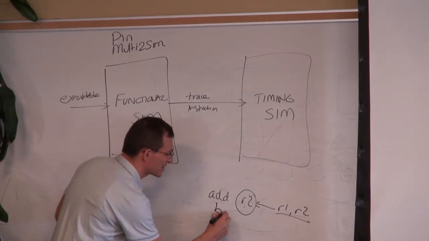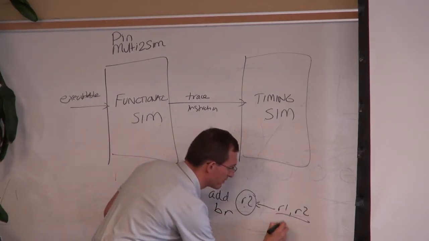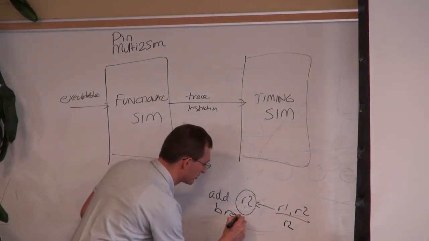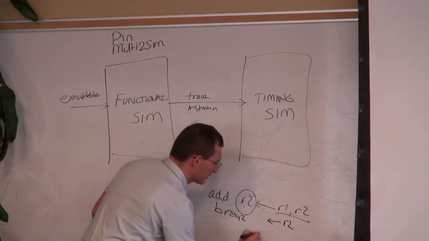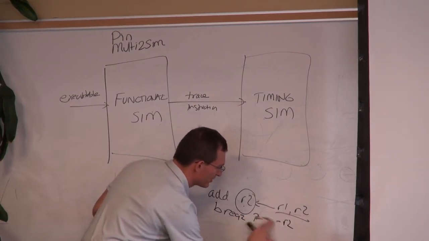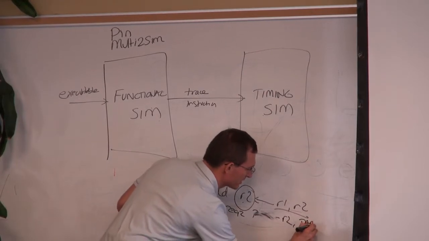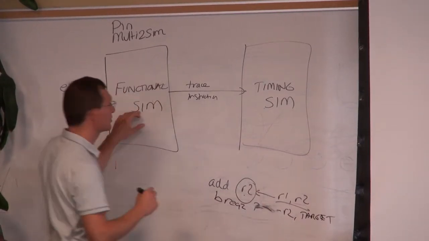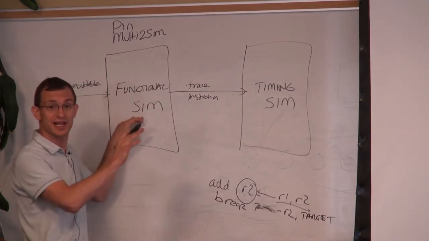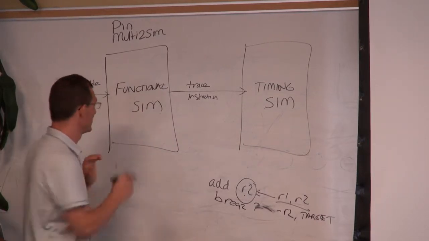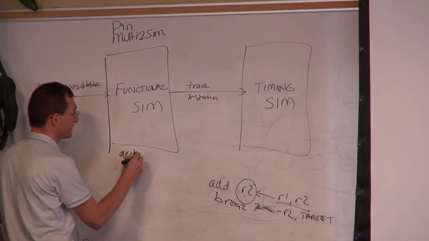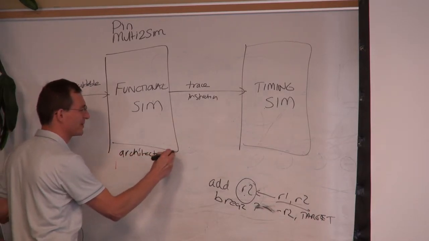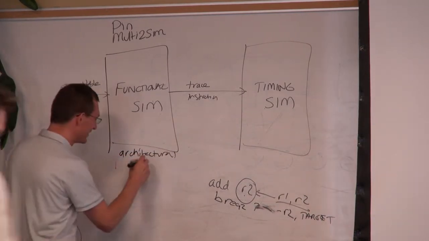You can do a branch based on, maybe R2 equal to 0, let's say, and a target. Basically, you test whether R2 is equal to 0, and if that's true, you jump to a target. This executes the branch, right? It tells you the correct result, as if the program will execute. So this is really architectural modeling, as I showed you earlier, that you didn't see on that little sheet of paper.